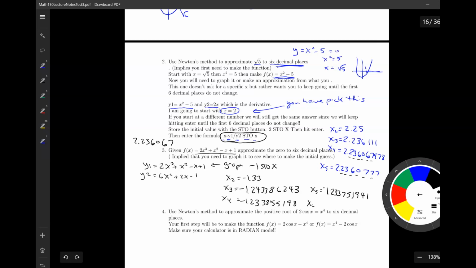So still changing, so I'm waiting to see that the 6 decimal places are not changing. So -1.2337519. Okay, so I see that the 6 decimal places are not changing, so this would be the root to 6 decimal places.